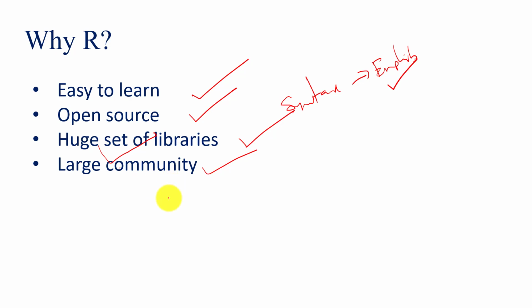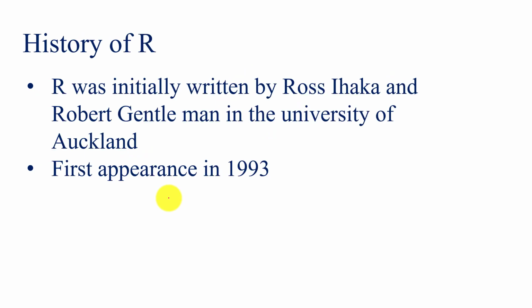If you see the history of R, R was initially written by Ross Ihaka and Robert Gentleman. The first letter of their names is R, so they named it R language. They developed it at the University of Auckland in New Zealand, and it first appeared in 1993.